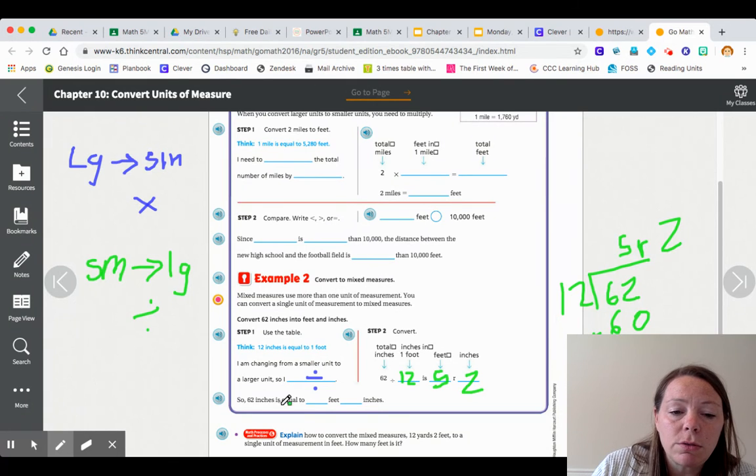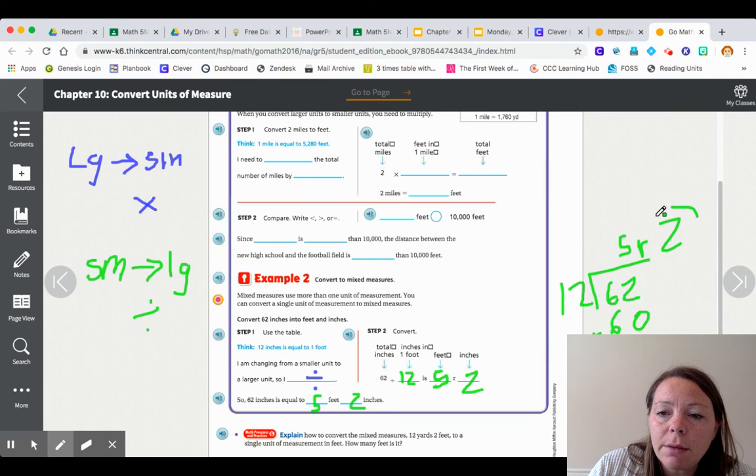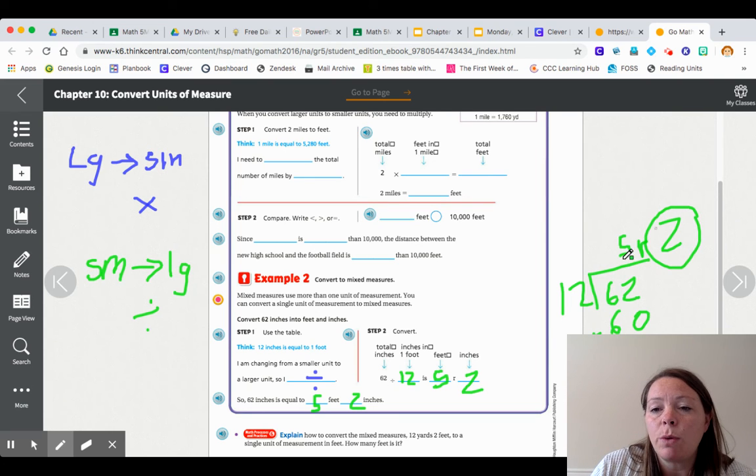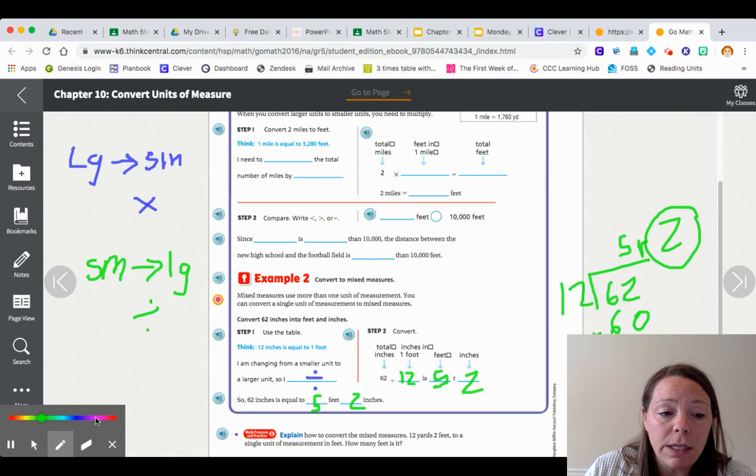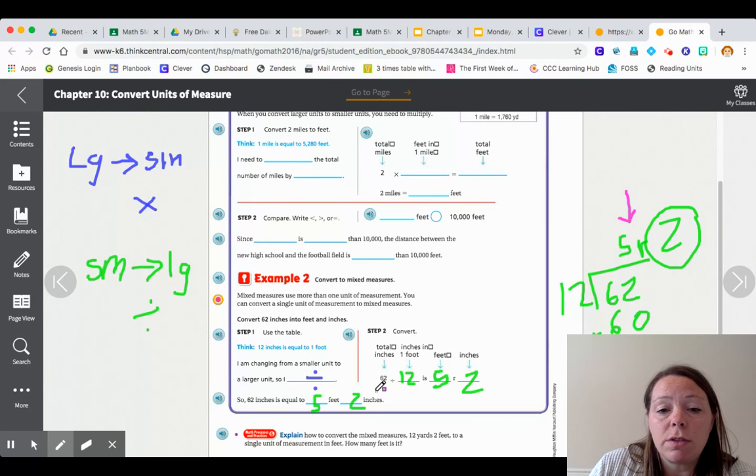So 62 inches is equal to 5 feet, 2 inches. Remember, you have to think about what that remainder means when we're dividing. In this case, it means that we have 5 full feet, and then 2 extra inches. So 62 inches is 5 feet, 2 inches.